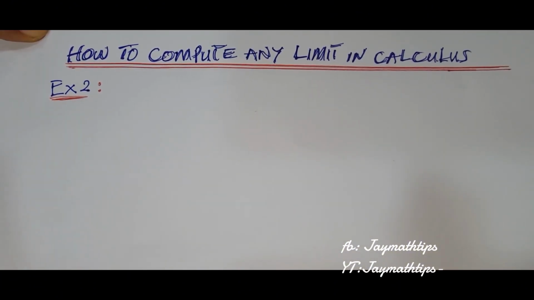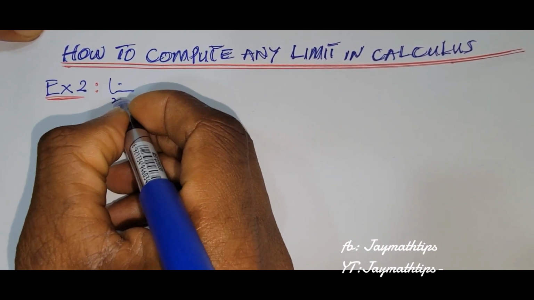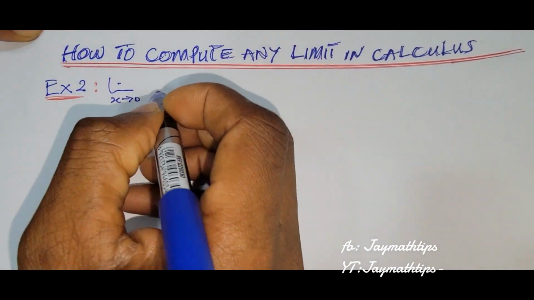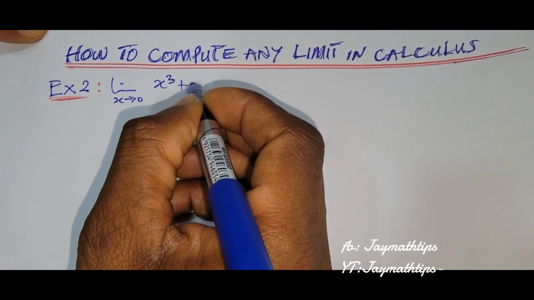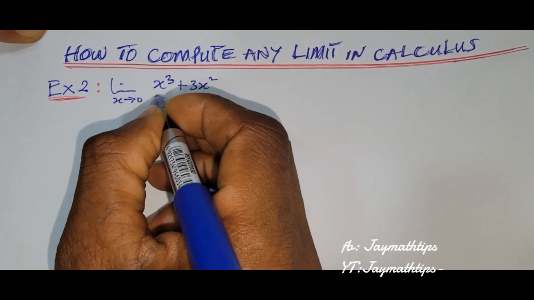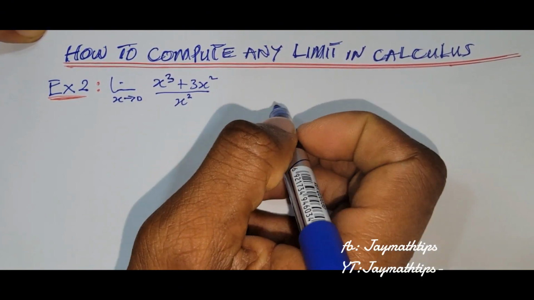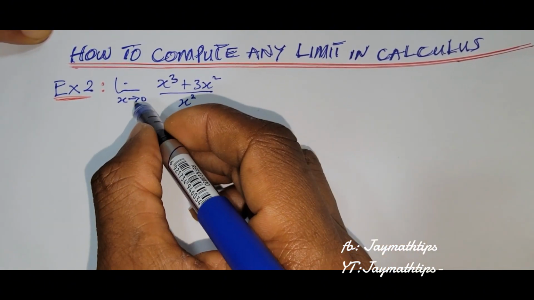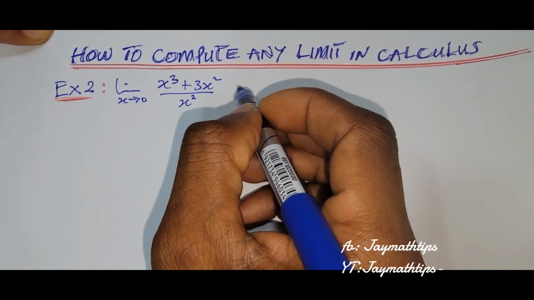So we have here example 2. We want to find the limit as s approaches 0 of s cubed plus 3s squared all over s squared. So in order to solve this, we are going to plug in this value, 0, into this very limit.